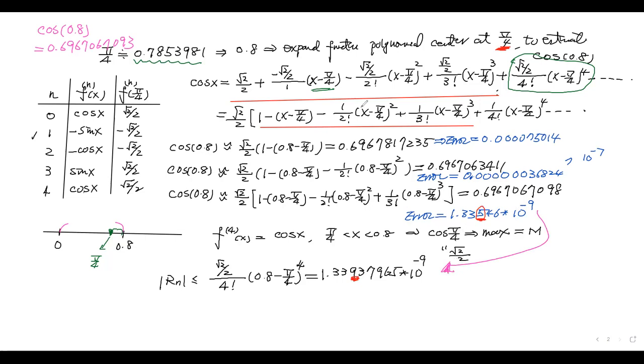So if you use the first 4 terms, then the maximum error by using the first 4 terms is 1.3393 times 10 to the -9. And this is a true error. Yes, it's less than that. So we know this is the what? So we know this is the upper bound, right? So this is the upper bound.